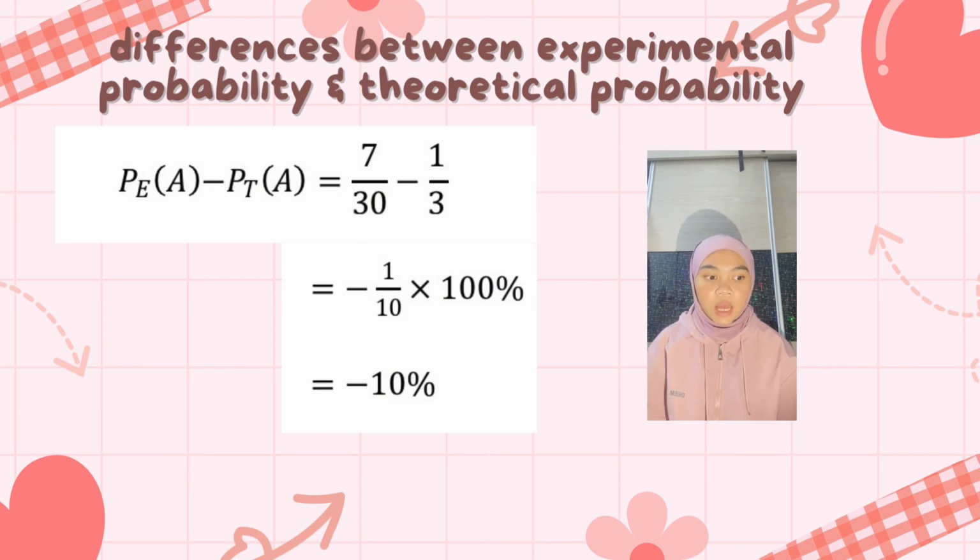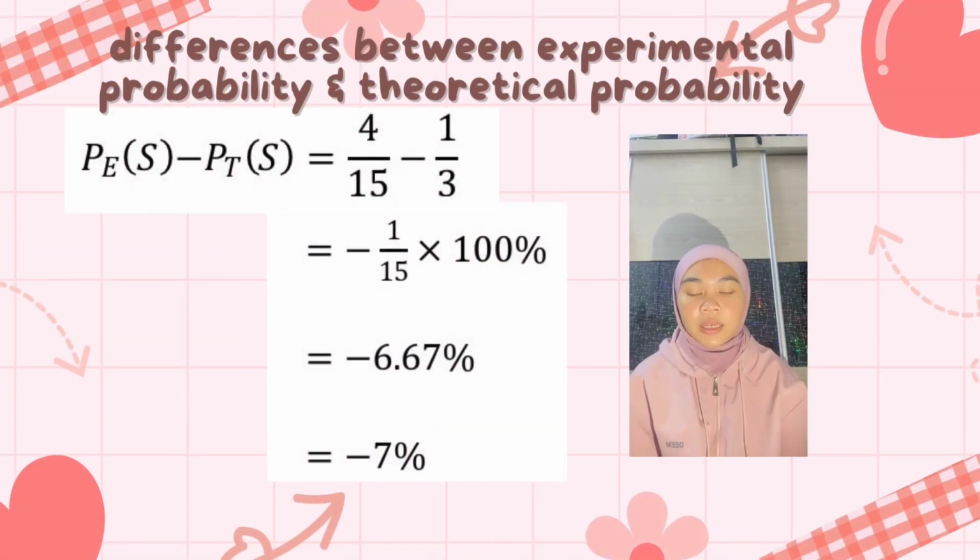It means out of 30 students, there is a 10% chance that students will not draw an apple sweet compared to theoretical probability. For strawberry, it is -1/15, which is -7%.